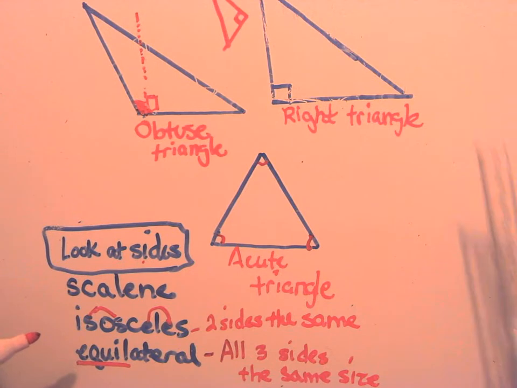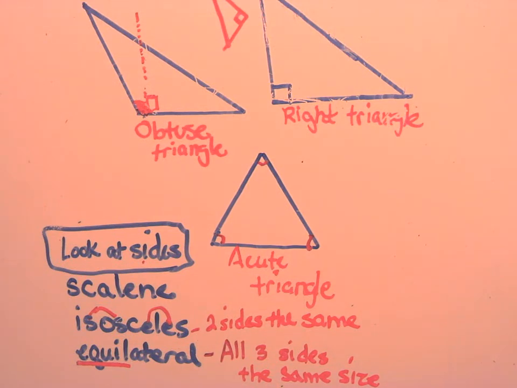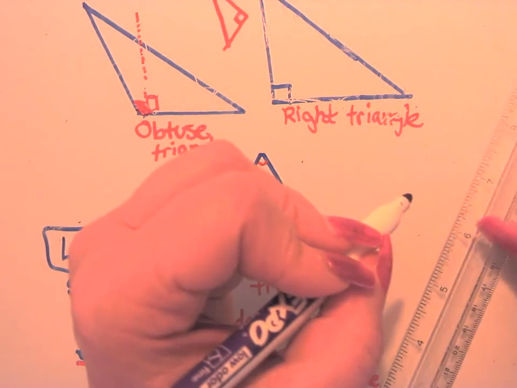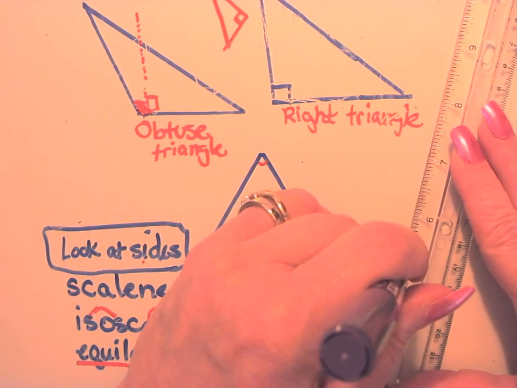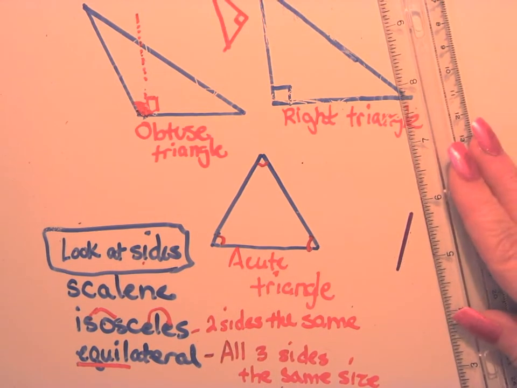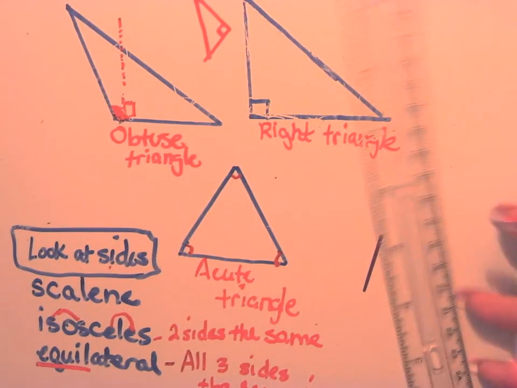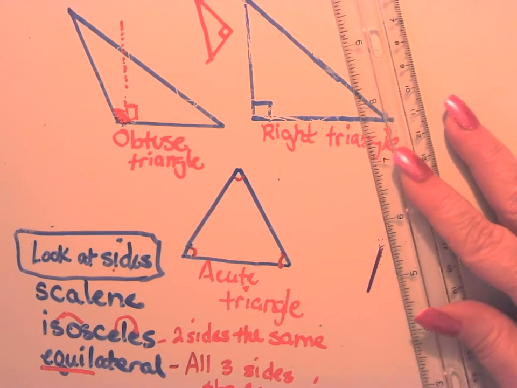And if I think about two sides being the same, let's make another triangle here. And let's do it with the ruler, and we'll show you what that isosceles triangle might look like. So I'm going to go from 5 to 6 on my ruler, and then I'm going to take it from here, and I'm going to go from 5 to 6 again.